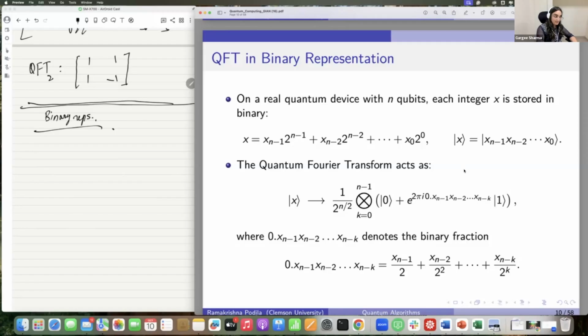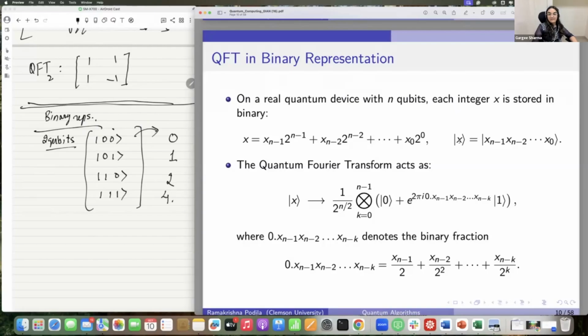So let's say you have two qubits. You have four states: 00, 01, 10, 11. If you now convert this binary to decimal, what do you get? 0, 1, 2, 3. This is how you store an integer in binary.